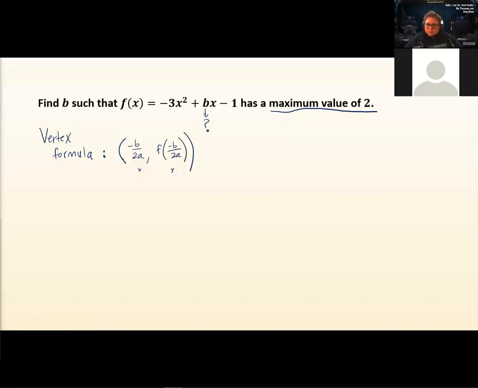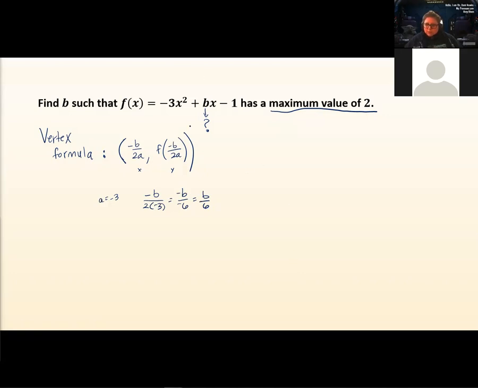So if we're doing that, we know our A is -3, right? So negative B over 2 times -3 is what? -6. So we have negative B over -6, which is B over 6. Right? Okay.